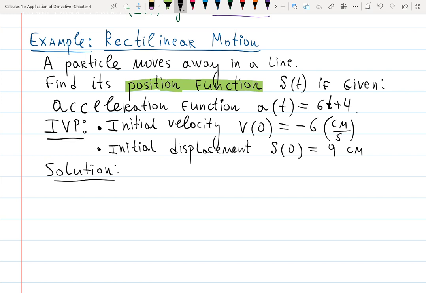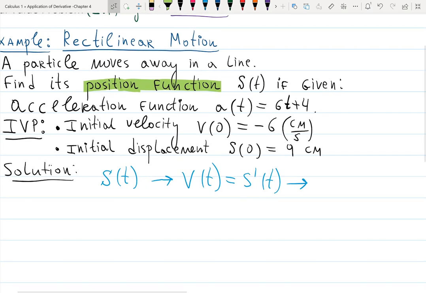Step 1. First, you need to know the idea. The idea is that from the distance or position function, we can get velocity by differentiating the position function. We knew that. And then from there, we can get acceleration function by differentiating velocity, or it's a second derivative for displacement.